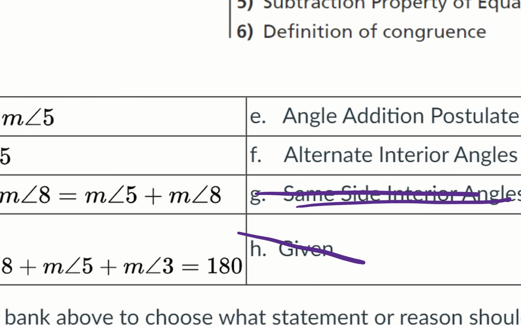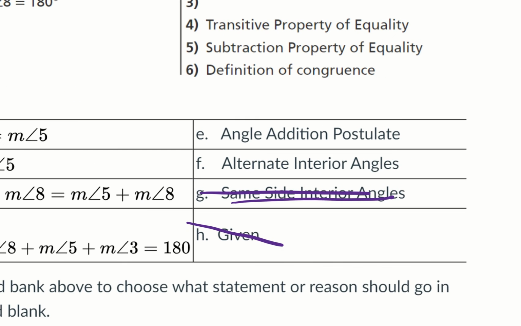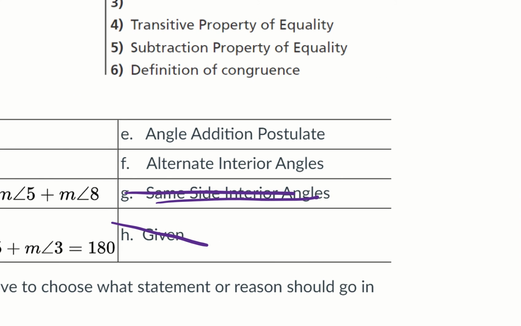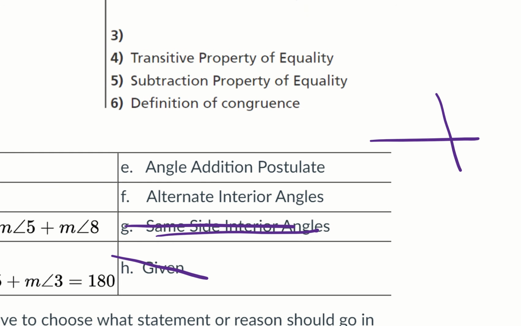So let's look at the reasons here. Because they're a linear pair, just like here, let me go ahead and redraw it here. We know that they add up to 180. When they add up to 180, another way that we can call it is angle addition postulate. Angle 5 plus angle 8 has to add up to 180.